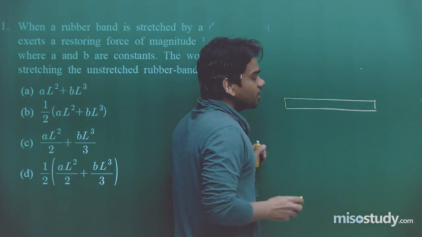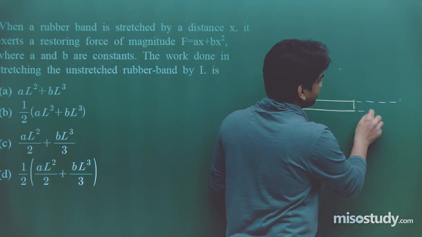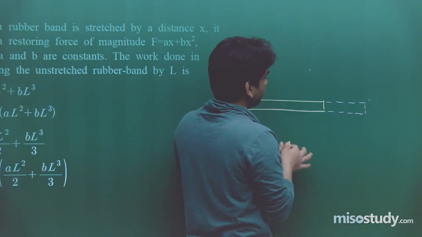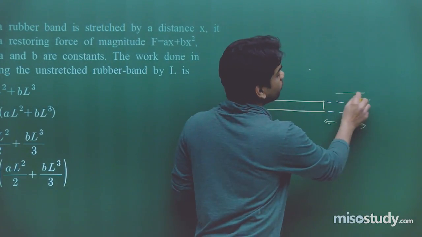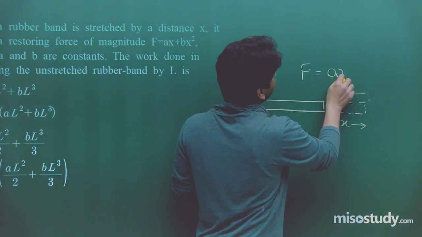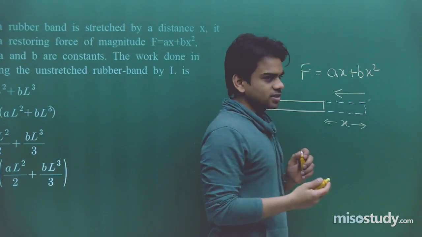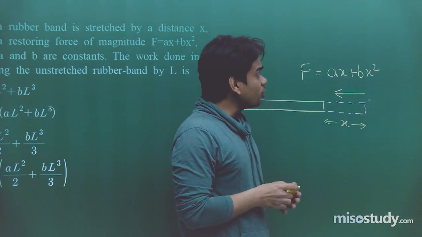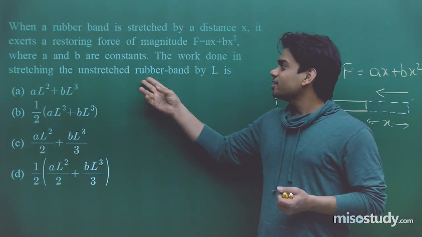Now suppose I stretch it through some length x. Then the restoring force acting on it is ax plus bx square. So it depends upon the distance x. It's not constant.